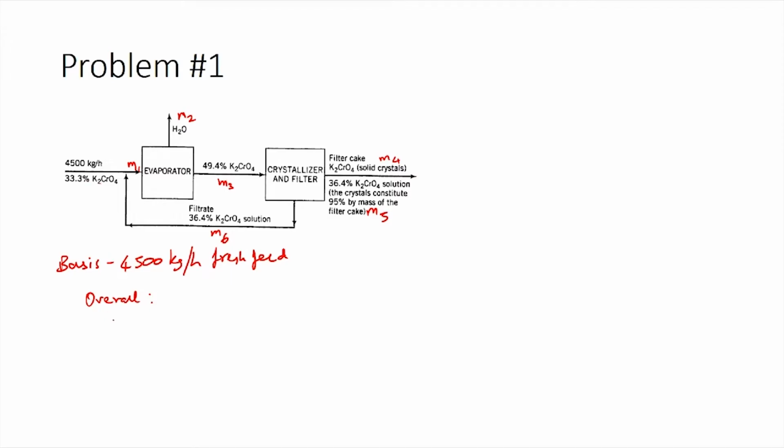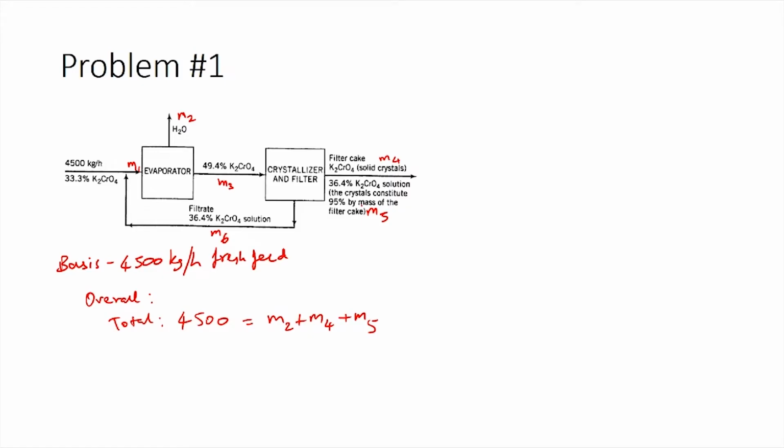The total mass balance would be 4500 kilograms, which is entering, equal to M2 plus M4 plus M5. M2 is the water which is leaving in the form of water vapor, M4 is the potassium chromate crystals leaving the crystallizer and filter, and M5 is the mass of potassium chromate solution which is accompanying the filter cake.